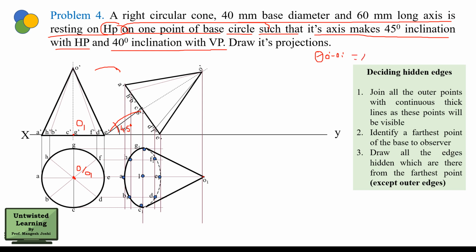So theta of O to O1 is 45 degrees and phi of O to O1 is 40 degrees. Means theta and phi both exist. Means the axis is inclined to HP as well as VP. So in this case, phi will not be equal to beta. And in this case, you have to find out beta.